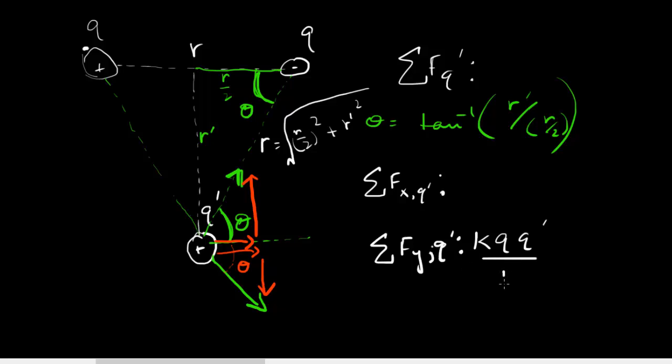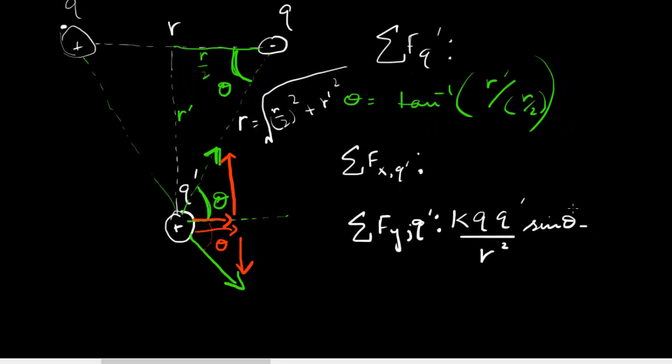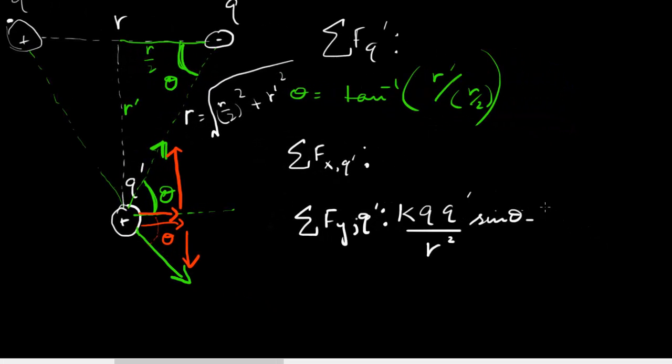So it becomes k Q prime over r squared, times sine theta, because we want the y component. And what about this force? The y component is going to be pointing downwards, minus k Q prime over r squared, again times sine theta.